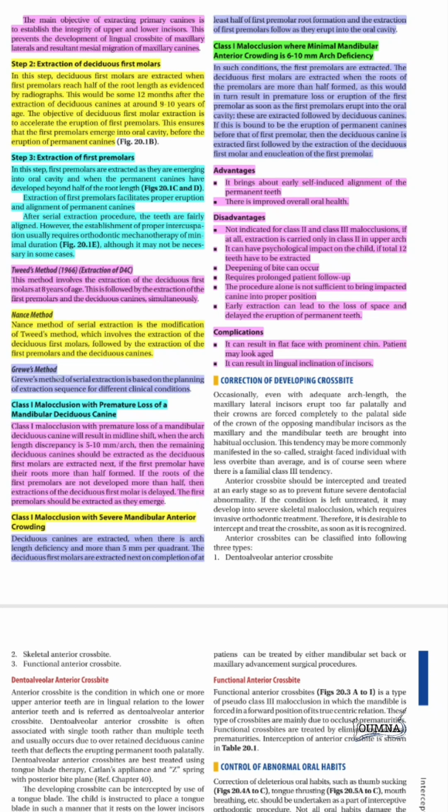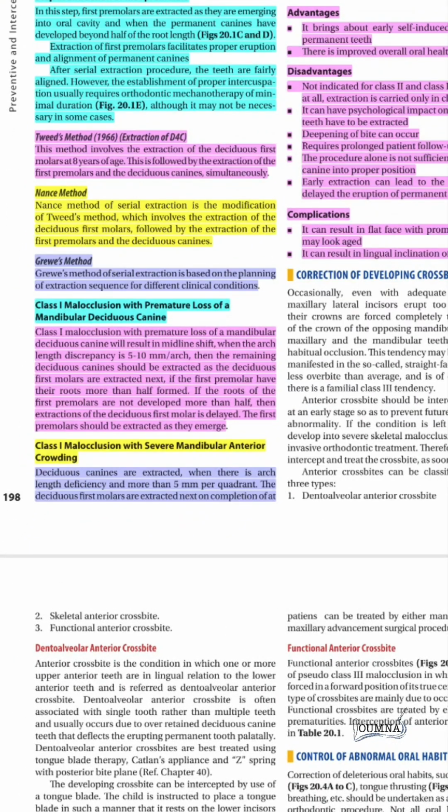For the Nance's method, it is performing the serial extraction based on planning of each different clinical condition. For example, if we have a class 1 malocclusion where there is a premature loss of a mandibular deciduous canine, in this case, there will be a midline shift.